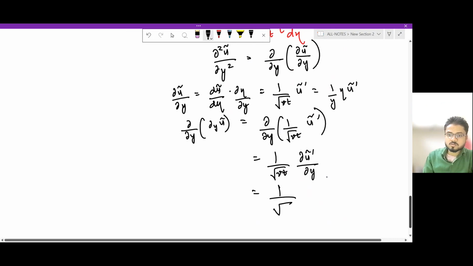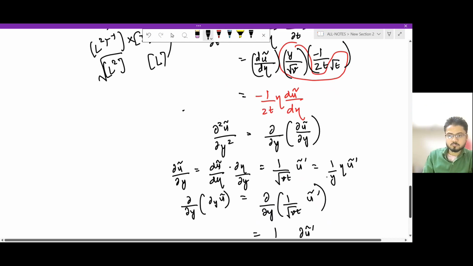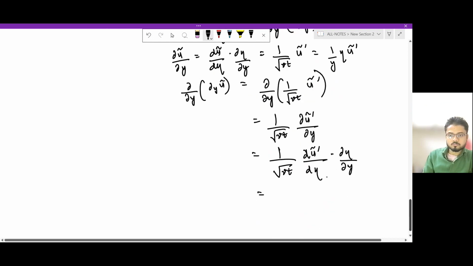Because you can write it as ∂u′/dη times ∂η/∂y. This would become ũ″, and this is 1 over √(νt). This is also 1 over √(νt).